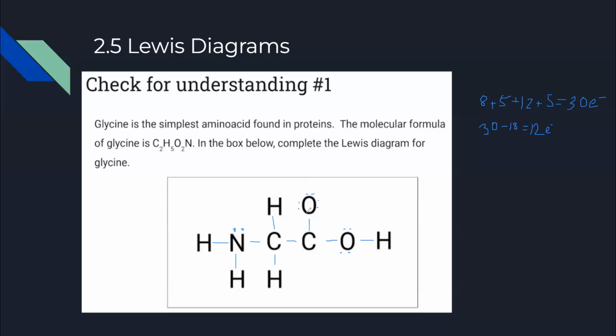So just now what you have to do is check if all of these have an octet. So hydrogen is good, nitrogen has 8, this hydrogen is good, carbon has 8, these 2 hydrogens are good, and oxygen over here is good, and the hydrogen is good. Oh, but you can see here that there's only 6.